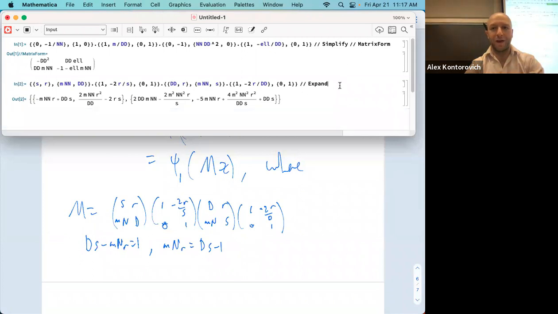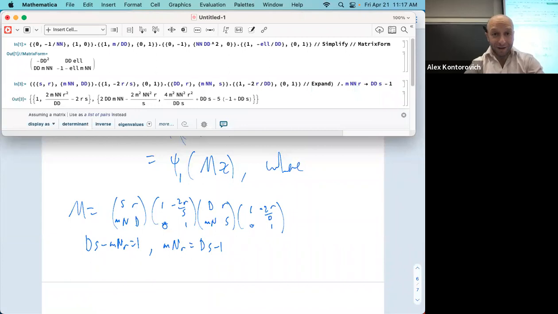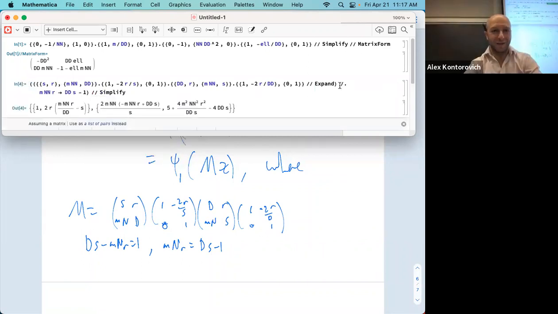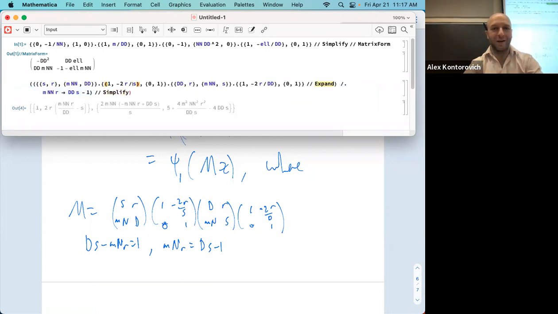So I'm going to take this whole thing and replace any instances of MNR by DS minus 1. That's good. It did it for some of them, but not all of them. So let's simplify. Okay, and do it again because it didn't recognize all of the MNR minus 1s.